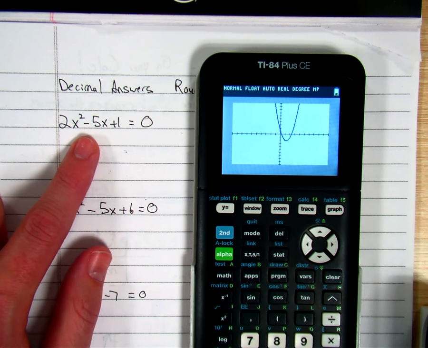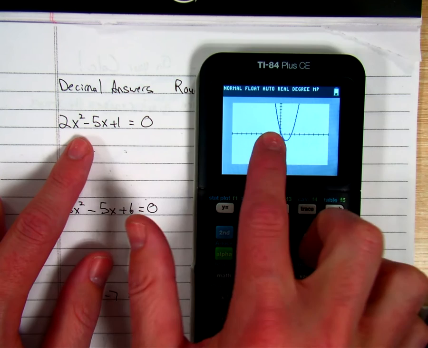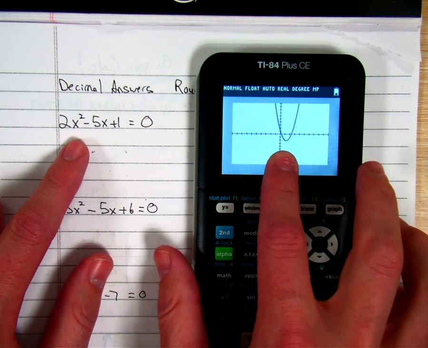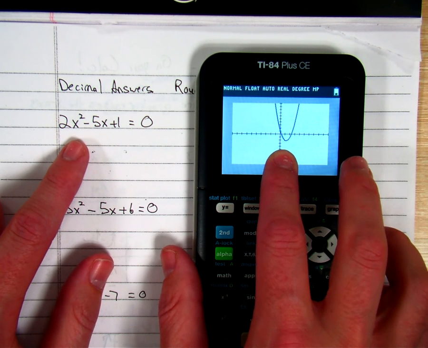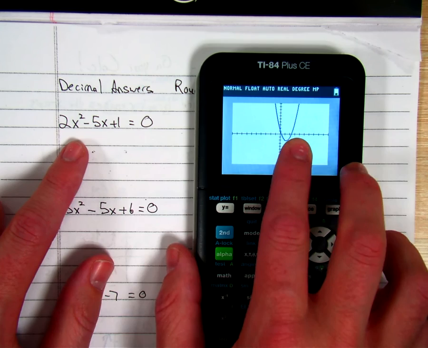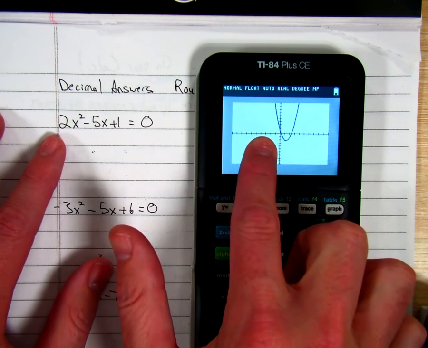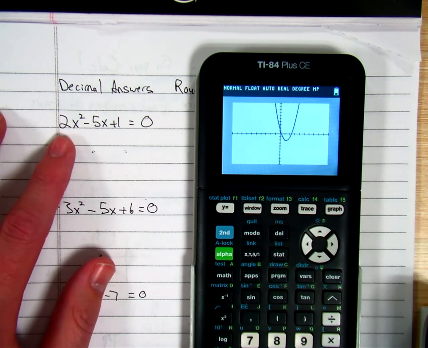We can see here and here. This should be a little closer. Again, we don't want the vertex because we only wanted the vertex in our very first example because it was touching the x-axis. Not interested in that right now. We want where our graph crosses the x-axis.